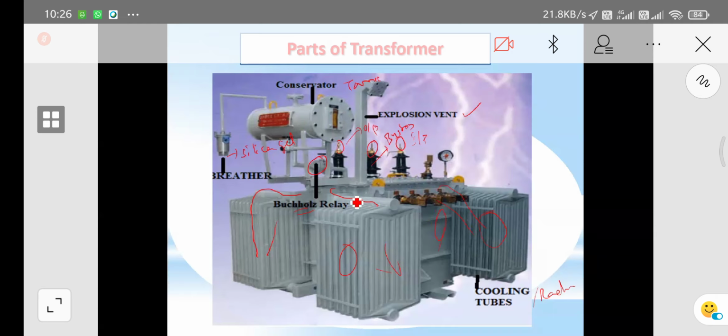The heated oil is transferred to the cooling tubes and then to the radiators, and it is circulated like that, because outside we have cooling fans. Air flows over them, and due to the cooling fans the entire oil is cooled down. Okay.